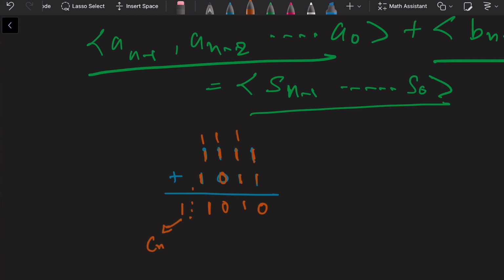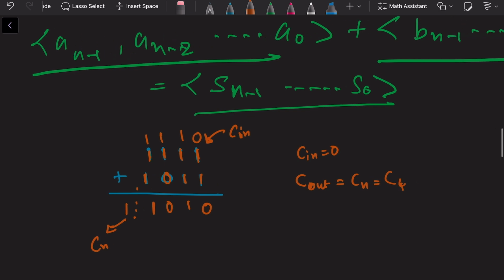And the Cin was essentially 0. So in this particular example, my Cin was 0, my C out or Cn, whatever you want to call it, well, in this case, Cn is essentially C4, right? Because there are only 4 full adders sitting here.